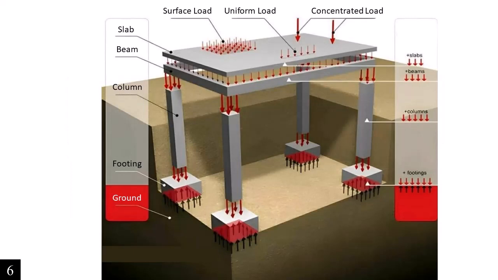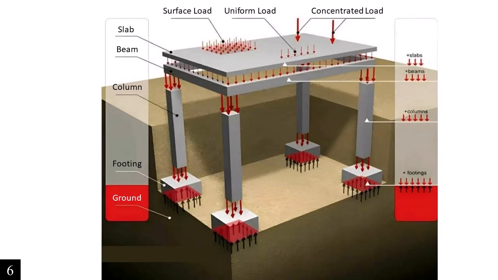Now let's discuss the load path. What does it mean? The load path is the path along which loads transfer from the starting point. Usually you can see the slab over here. The slab will receive all the load, such as the load of material or people standing on the floor. And then it will transfer the load to the beam.